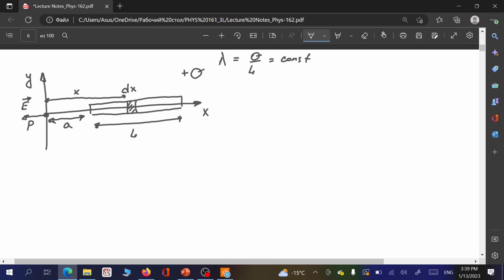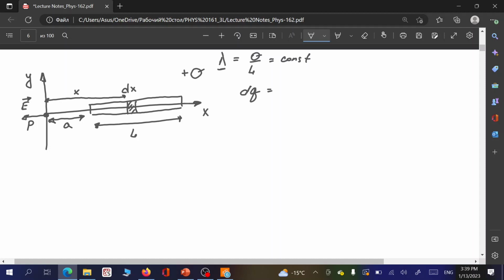Now, what will be the electric charge confined in this small element dx? So dq is equal, any suggestions?